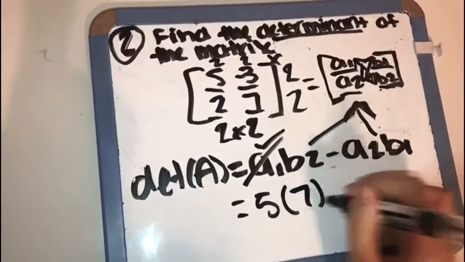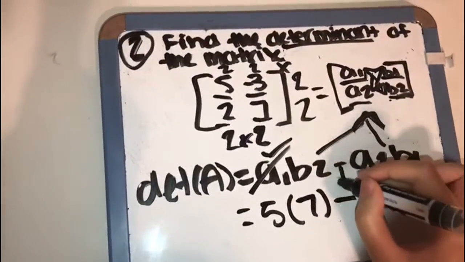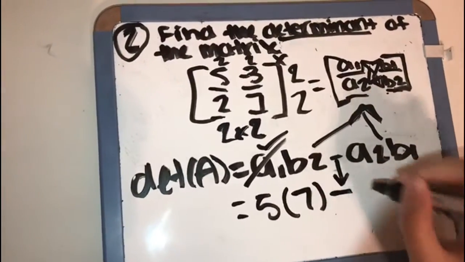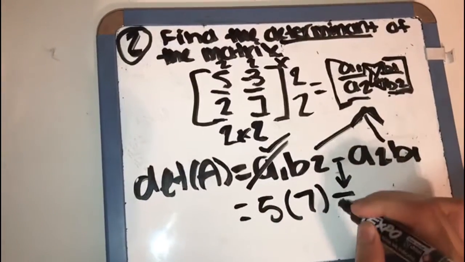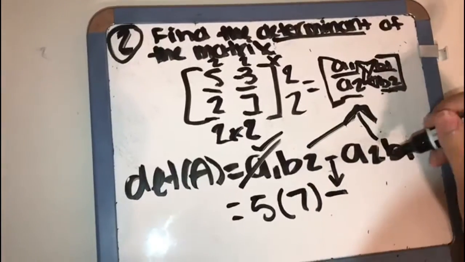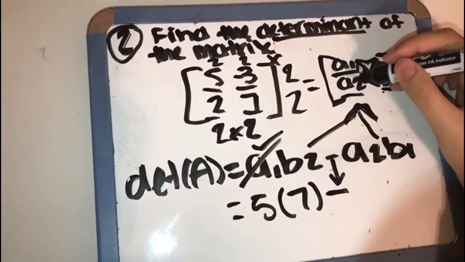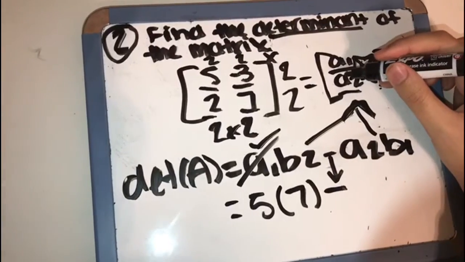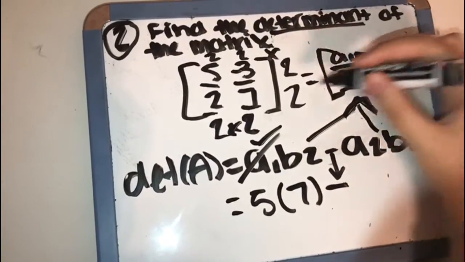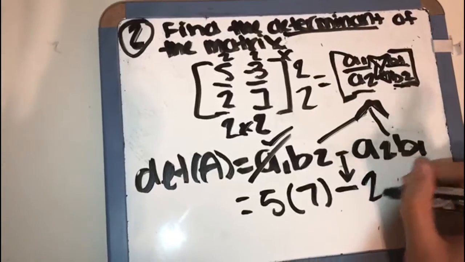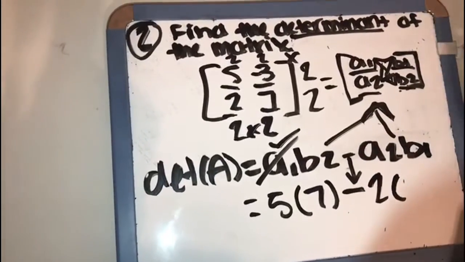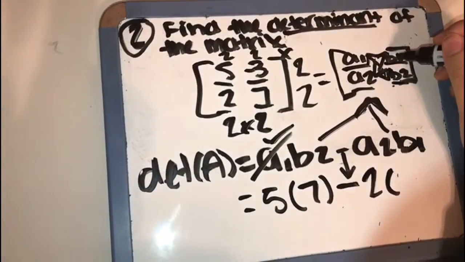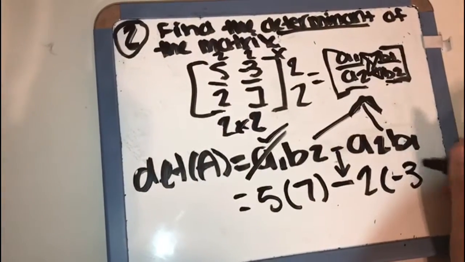Now, minus. You have to put the minus sign right here. Don't put it over there. Put it in the middle so you know what you're subtracting. A2 is in the left part, below, so that'd be 2. So minus 2. And B1 is right here, which would be 3, or -3 actually.